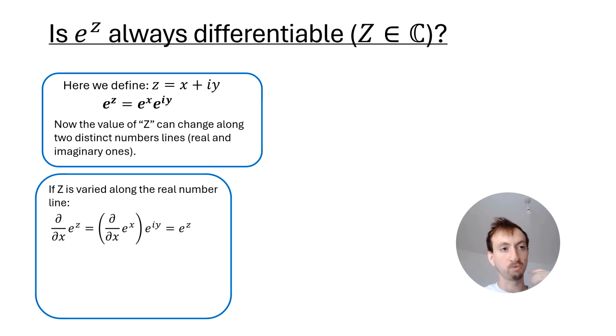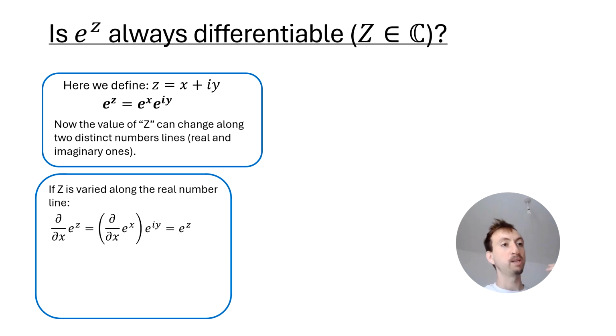So the partial derivative of e to the z with respect to x will be just the partial derivative of e to the x with respect to x multiplied by e to the iy, and using the founding principle we really began with for defining e, that the derivative of e to the x with respect to x is just e to the x, we get that the result of our differentiation for e to the z should be e to the x times e to the iy, which is by definition e to the z.